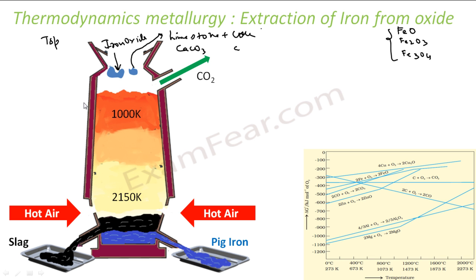The typical height of this blast furnace is almost 20 to 35 meters. It's very tall actually. And the width of this blast furnace is almost 6 to 14 meters. So the blast furnace is shaped like this.